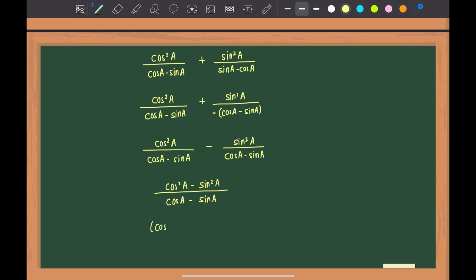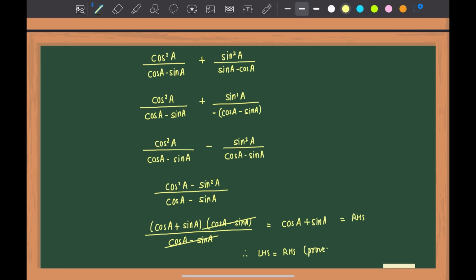So this will be cos A plus sine A multiplied with cos A minus sine A divided by cos A minus sine A. What we can do is that we can cancel this portion. We will be having simply cos A plus sine A, which is similar to sine A plus cos A. So this is equivalent to right hand side. So therefore left hand side is equal to right hand side. This is how we can prove this particular question.